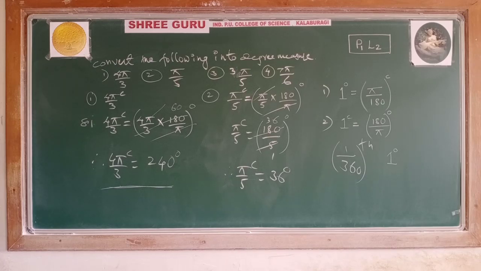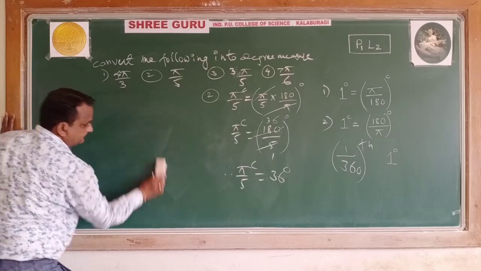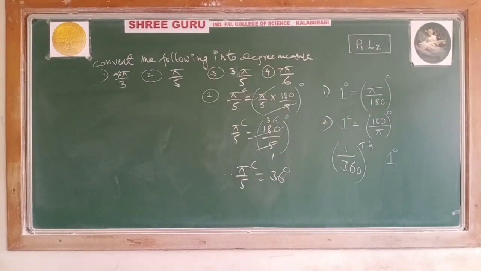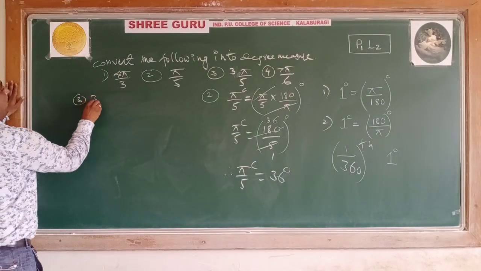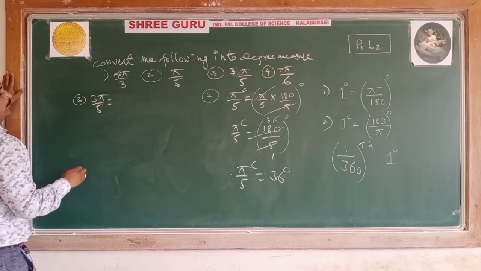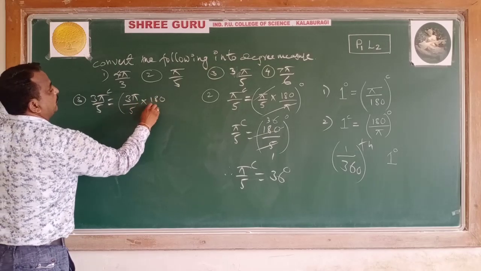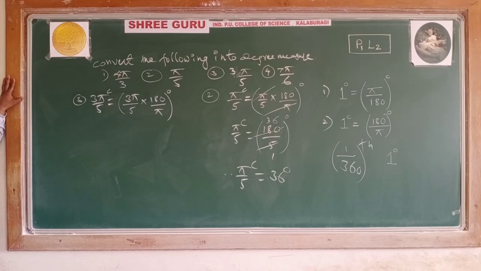Let us come to the third example, that is 3 pi by 5. See, students, conversion of 3 pi by 5. To convert radian to degree, multiply the given angle by 180 by pi.